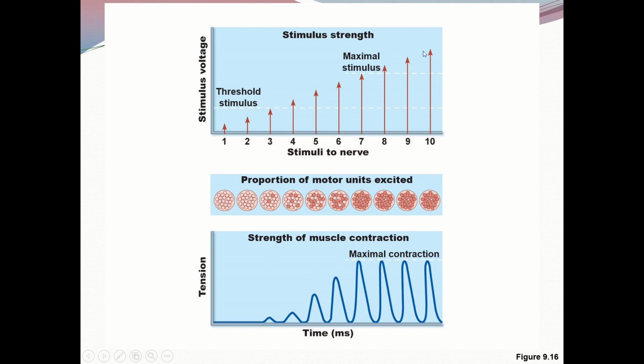And then by the time you get to the maximal contraction here, that's not going to occur in a normal muscle. That can occur in a lab. And you can see that all the motor units are going to be excited in that particular muscle. So that's not in nature. That couldn't happen really. That would cause you to break your own bones.